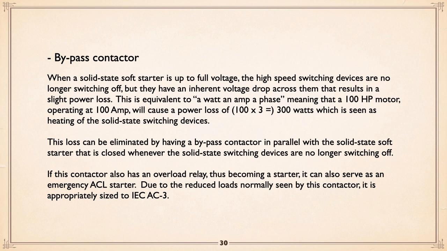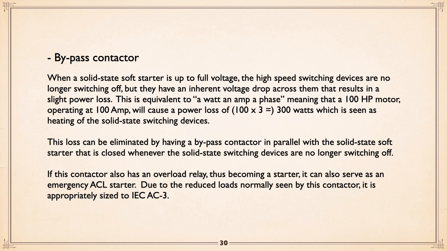Okay, so what we do is once the unit has come up to speed, we can have a bypass mechanical contactor, so straight on-off contactor, close that and essentially short out the solid-state starter so it's not doing anything at all. Now, if you put an overload, which you should, on that bypass contactor, effectively, contactor plus overload, you have a motor starter, which with the rate controls can be used in an emergency.